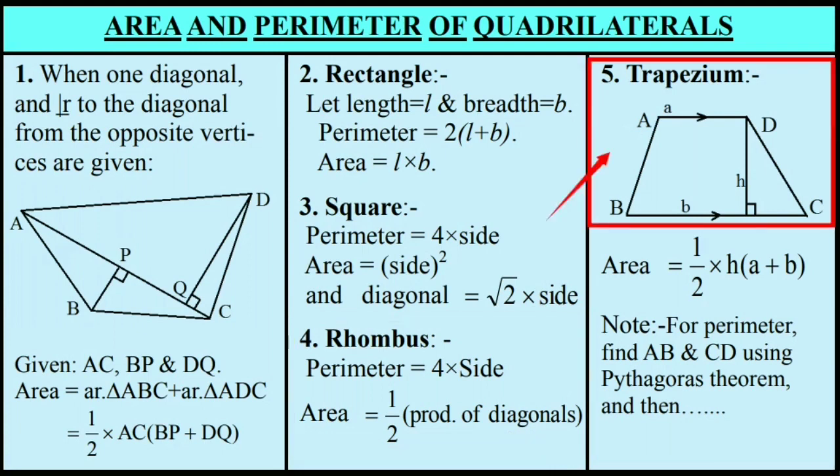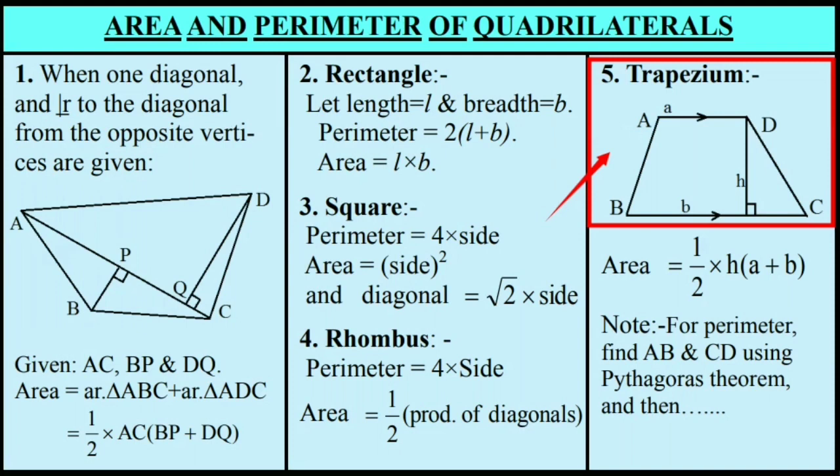Next case, when the quadrilateral is a trapezium, where both the parallel sides are given and the distance between the parallel sides is given, then the area is half multiplied by the distance between the parallel sides multiplied by the sum of the parallel sides.